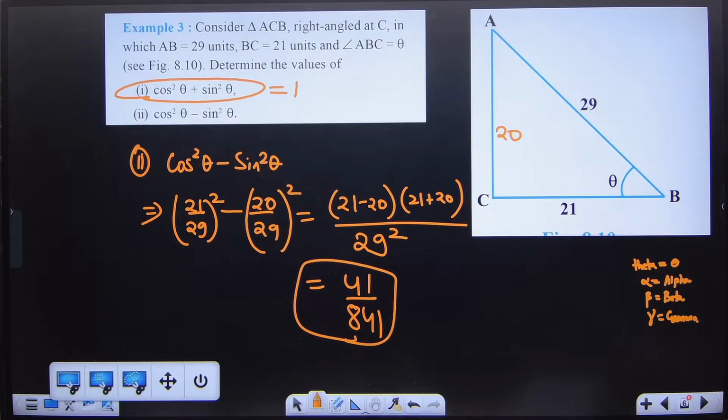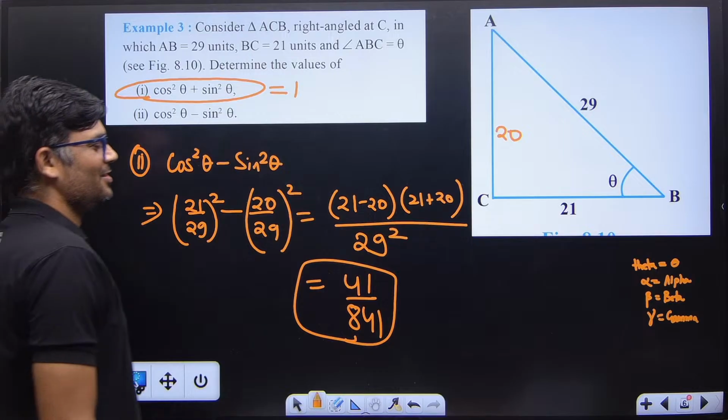Can you show me the algebraic identities again? Yes, why not?